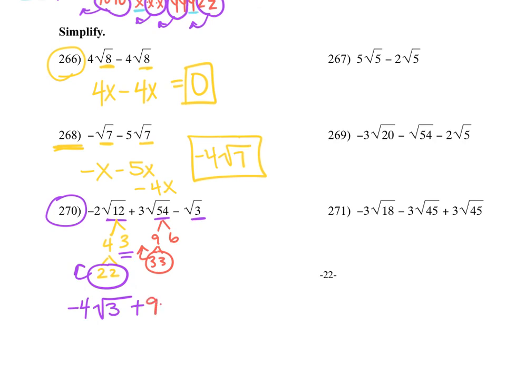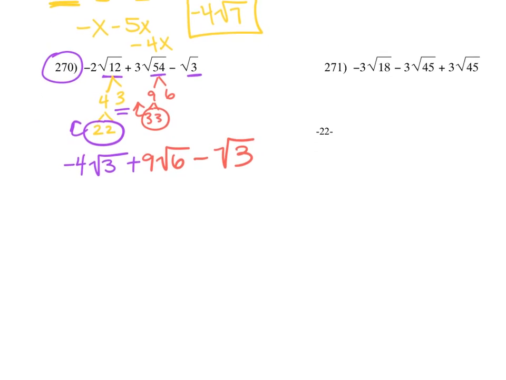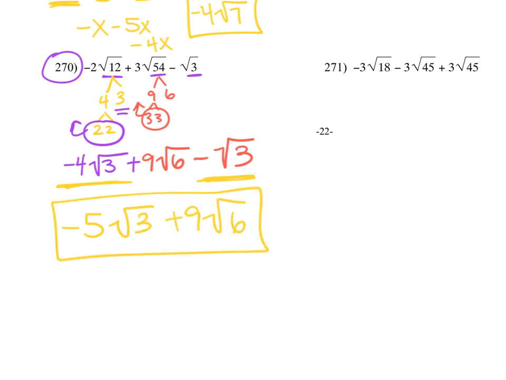So I get 9 square root of 6, and then minus, I can't do anything to the last one, so there's that. Now, I can't combine them all, but I can combine the first and the last one. So negative 4 square root of 3 minus square root of 3 would actually give me negative 5 square root of 3 plus 9 square root of 6. And this is now my answer.